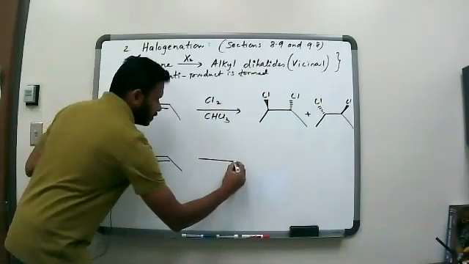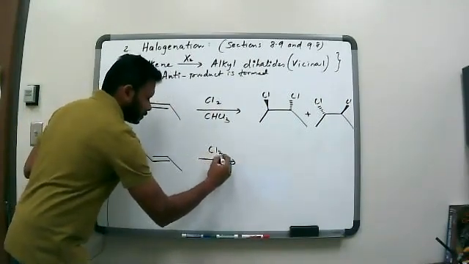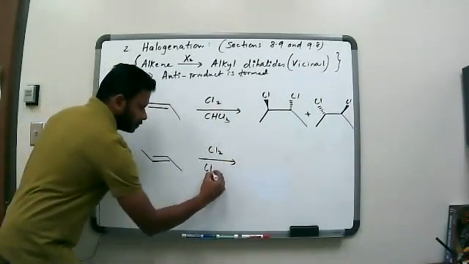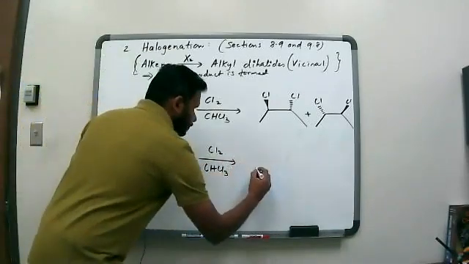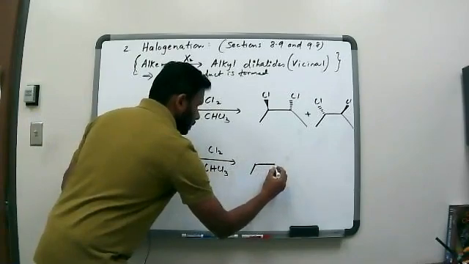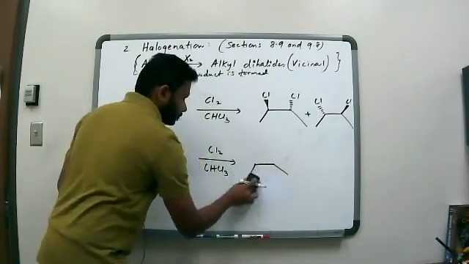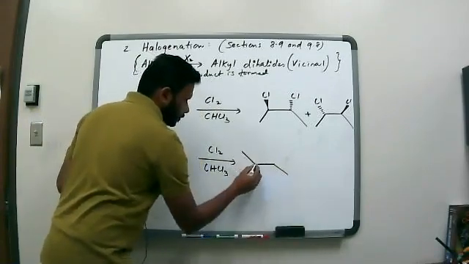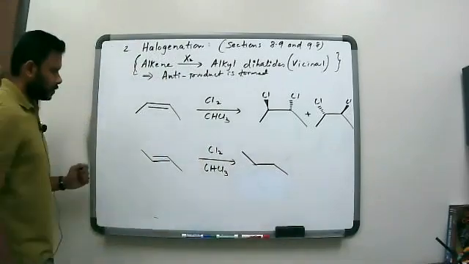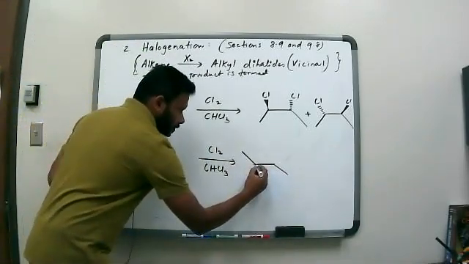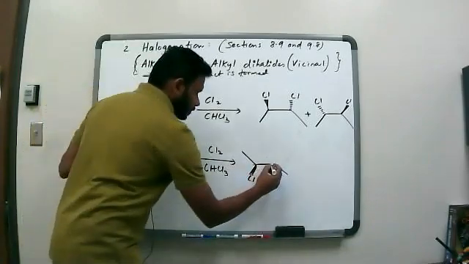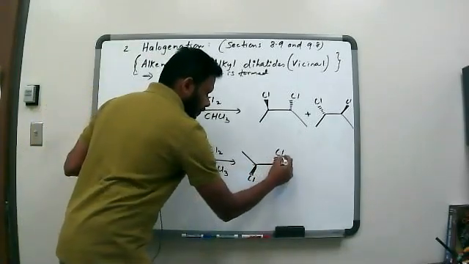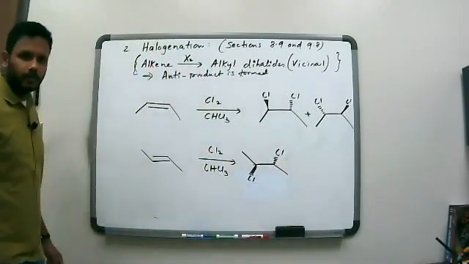If you start with the trans alkene, you could get chlorine, and chlorine.